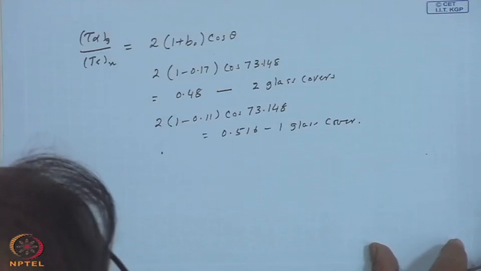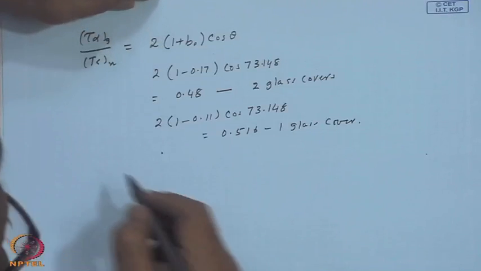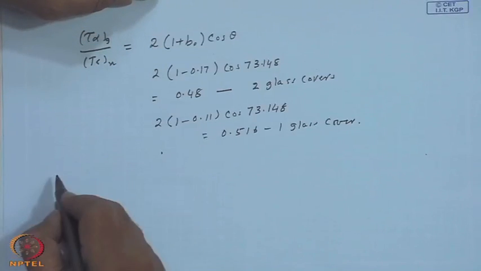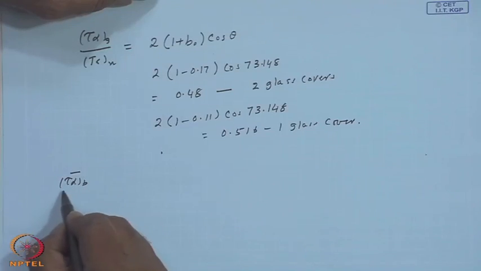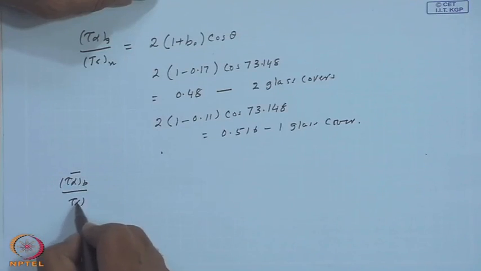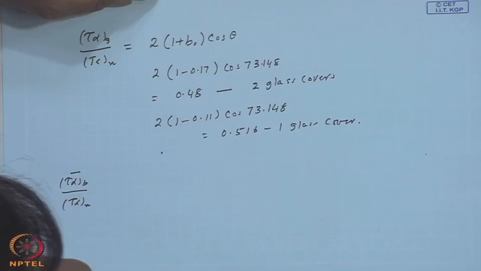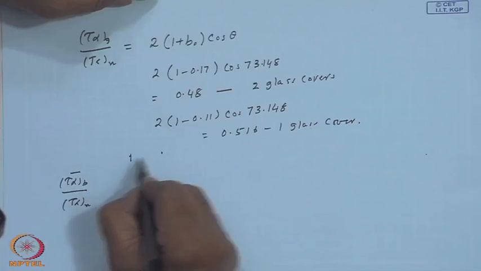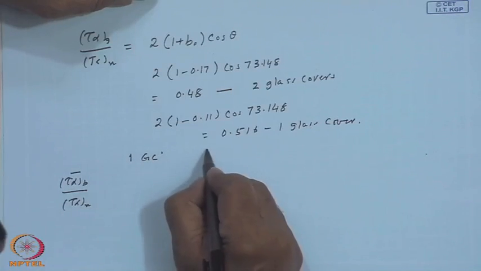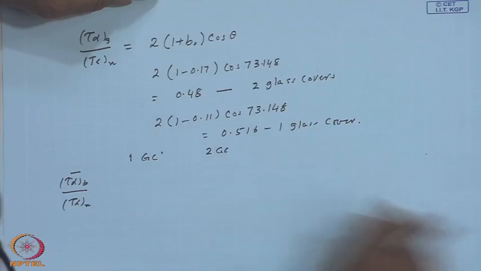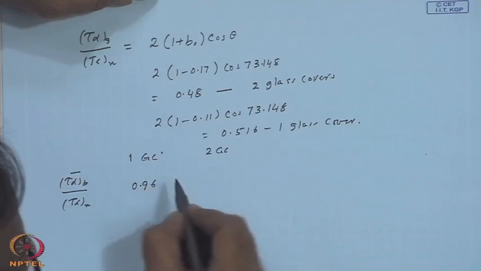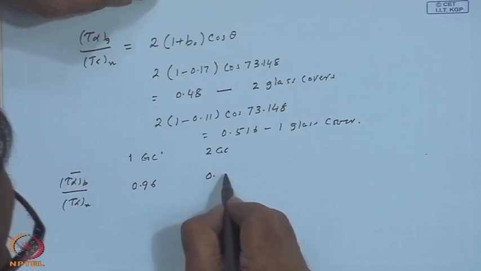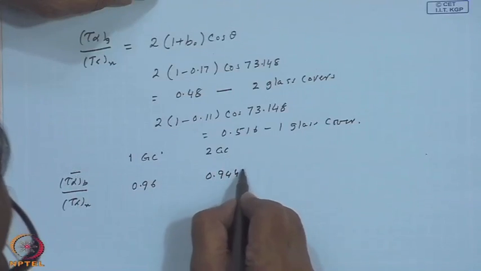Okay. So, just let us write it down. Tau alpha bar b upon tau alpha n, for one glass cover and two glass covers, will be 0.96 and 0.94475.